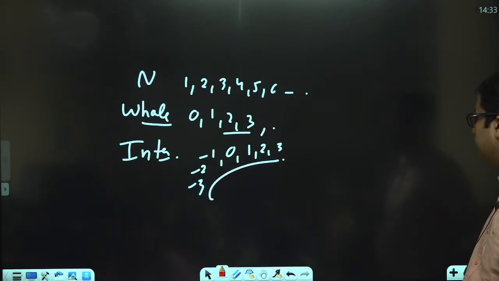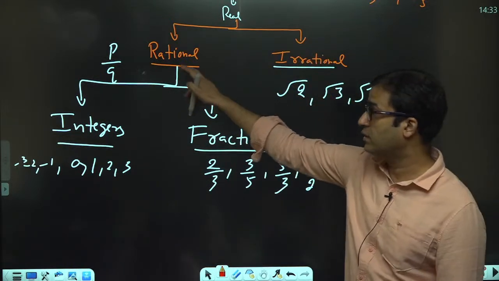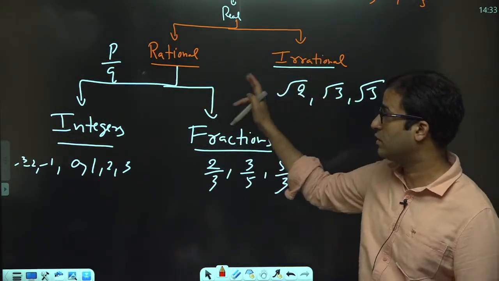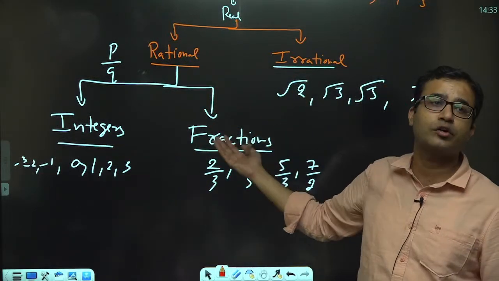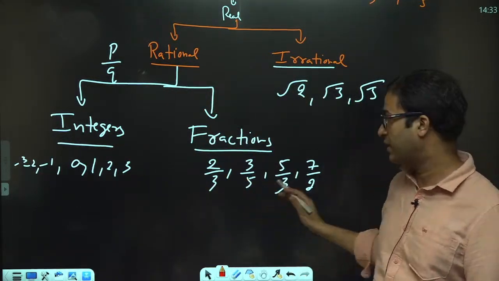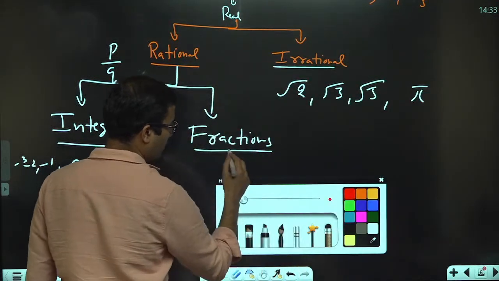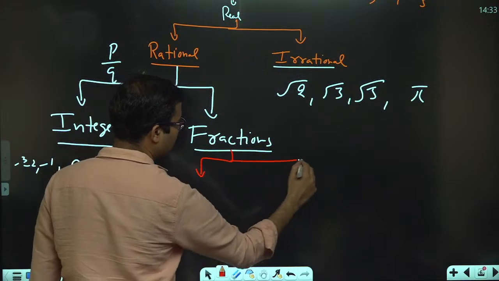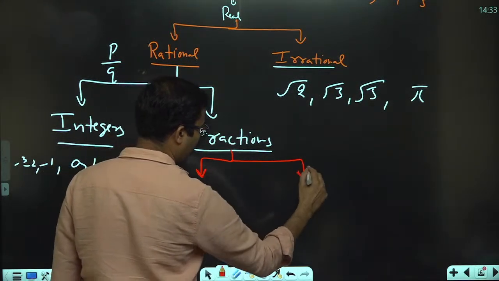Now next thing, come to the chart again. Real number is divided into two parts: rational and irrational. Rational is clear, integers and fractions. Irrational are under root 2, under root 3, pi, that type of thing. Now come to fractions. We divide fractions into two parts.